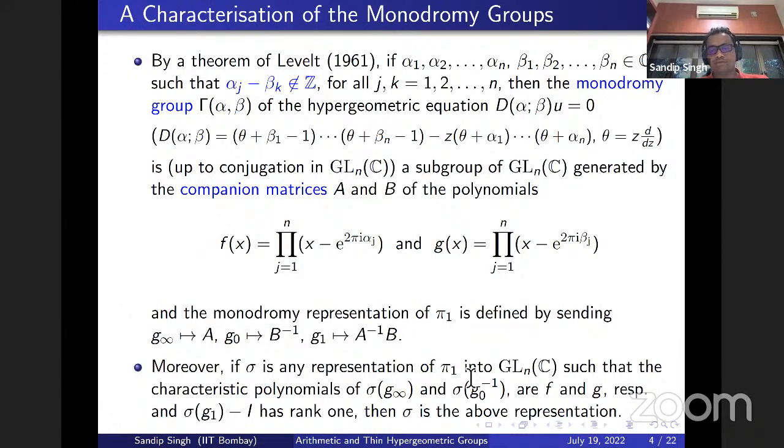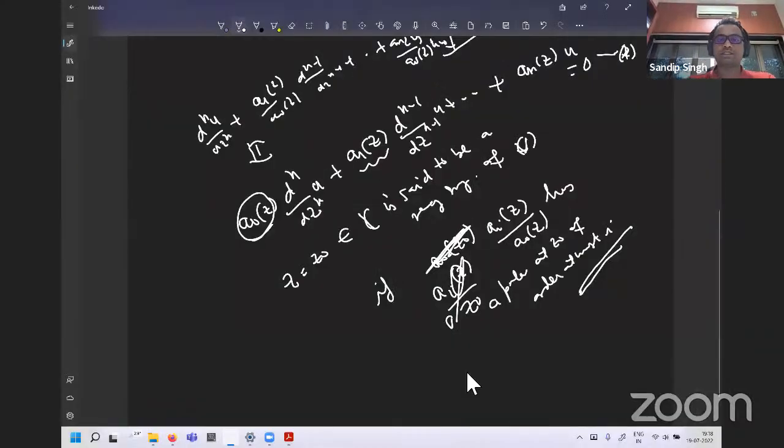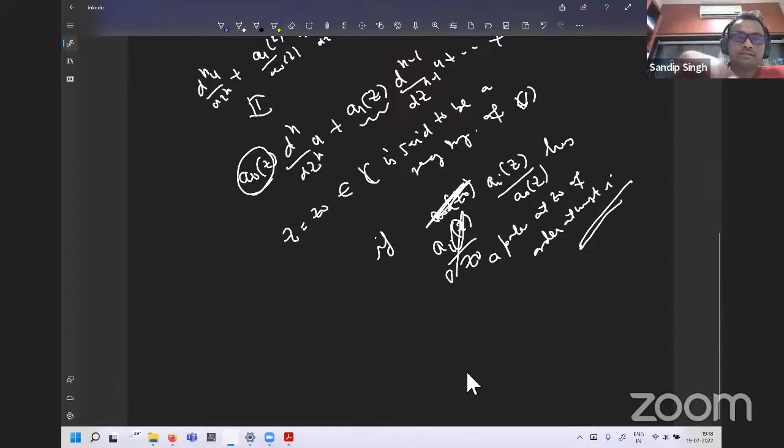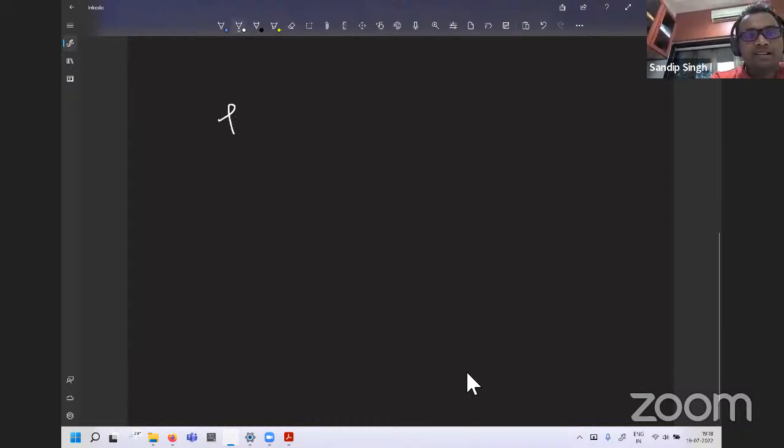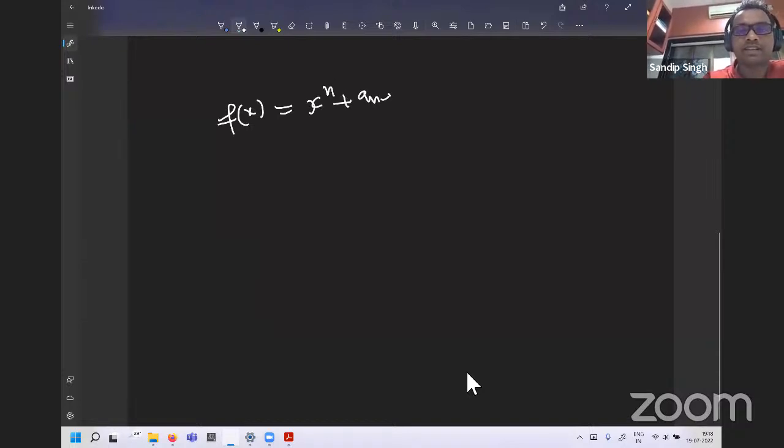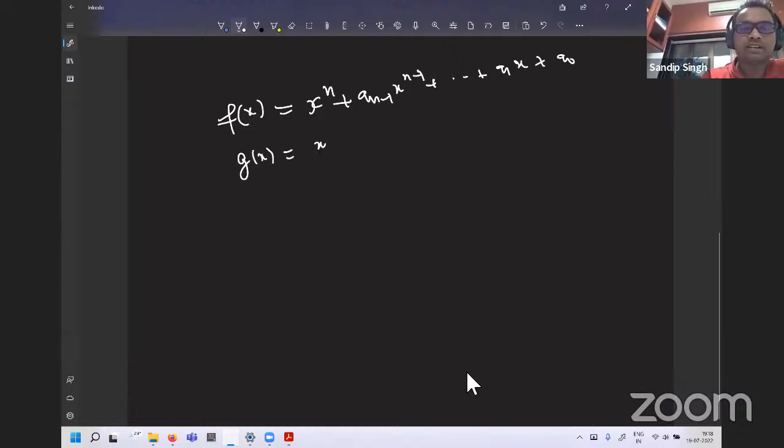And there is one thing we should note down to follow this lecture closely. f(x) is of course a monic polynomial, of the type x^n + a_{n-1}x^{n-1} + ... + a1x + a0, and g(x) will be x^n + b_{n-1}x^{n-1} + ... + b1x + b0.